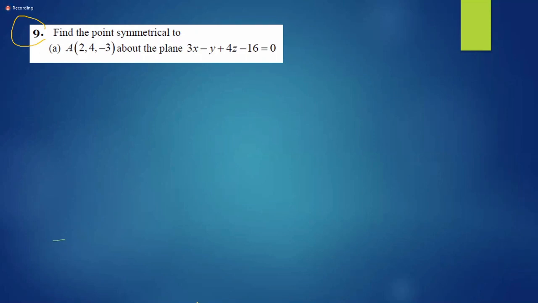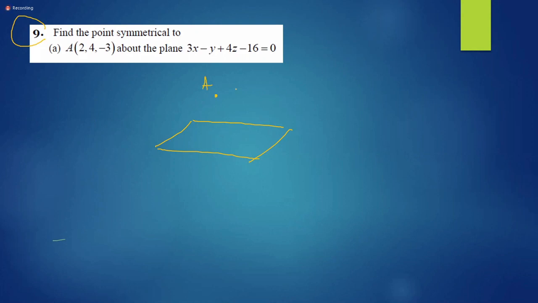Okay, the plane having this equation, then we have a point A, and we need to find the point symmetrical. We did this with the line. We had an exercise like this with the line in the plane, in 2 dimensions. We had something similar.